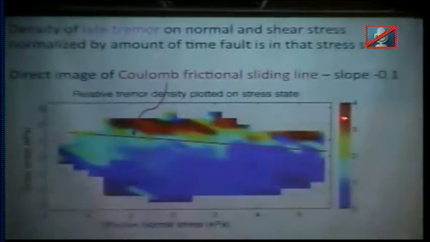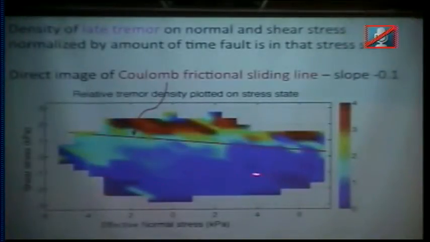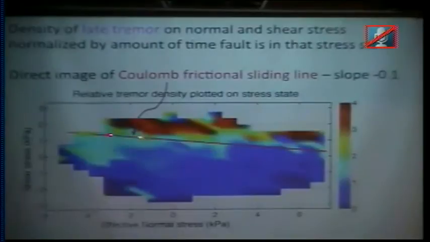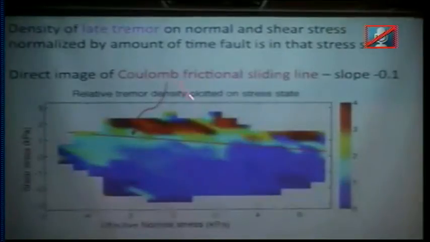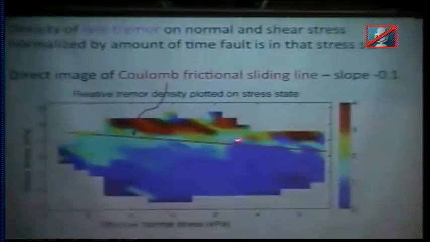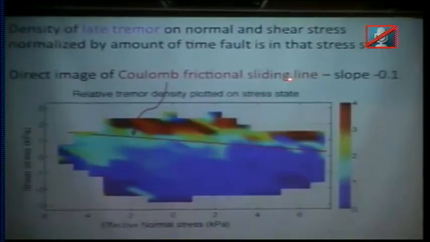And we can see there's more observed to expected up here where it's red, a factor of 3 or 4 more. And there's less than expected, about a half, down here. So I interpret this as a direct image of the Coulomb sliding line, the frictional sliding line, which should have this general slope because this is compression over here.